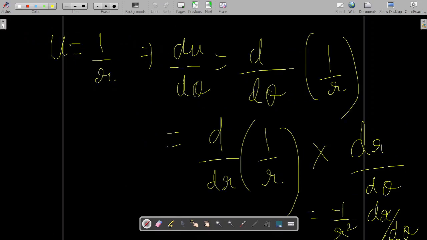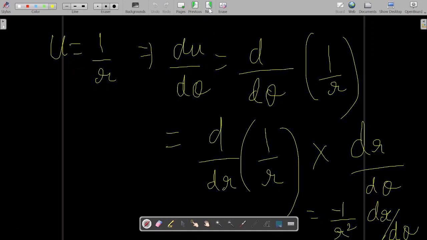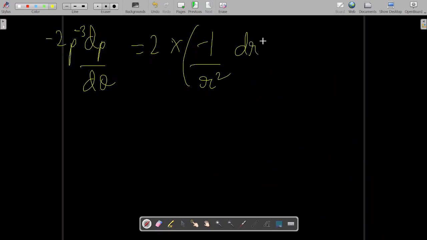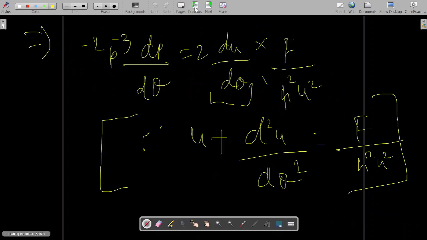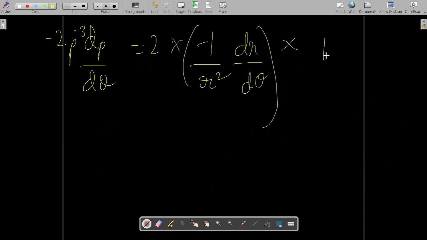This is the value of it, minus 1 by r square dr by d theta. So I put its value over there, multiplied by f by h square u square divided by h square u square. So this is the thing which you got.